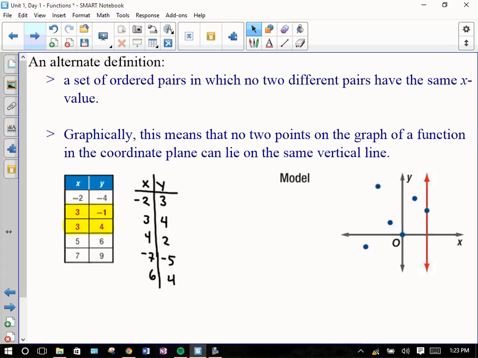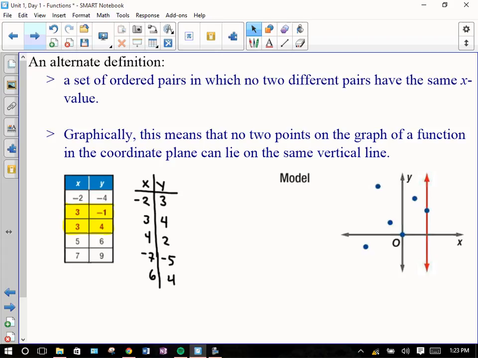First question, what are my domain values? My domain values are -2, 3, 4, -7, and 6. What are my range values? 3, 4, 2, -5, and 4. So my question is, is this a function?